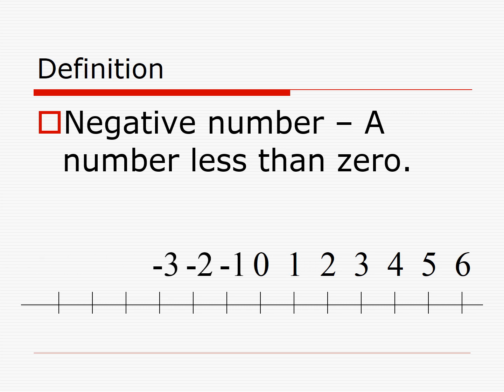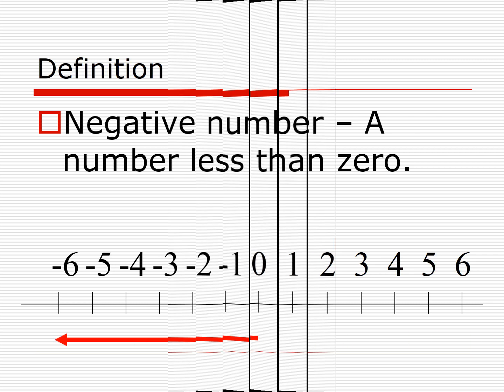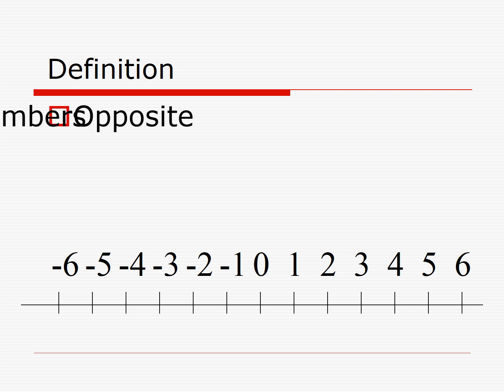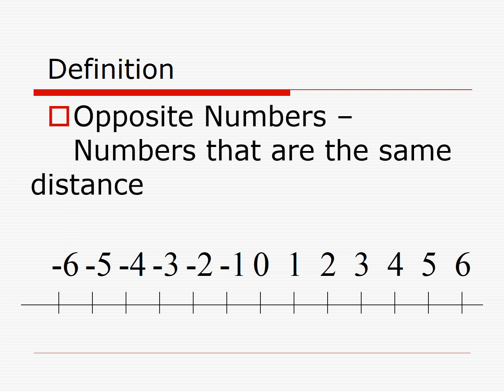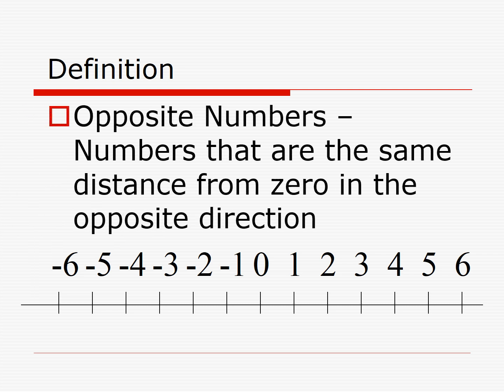As you can see on the number line, -1, -2, -3, -4, -5, -6 and so on. They are all negative numbers. Opposite numbers: numbers that are at the same distance from 0 in the opposite direction are opposite numbers. So -3 and 3, they are called opposite numbers.